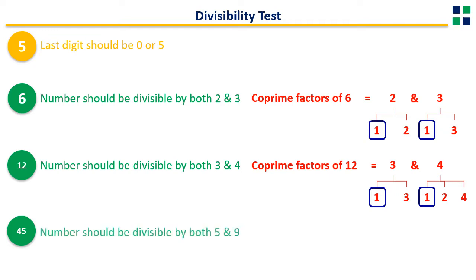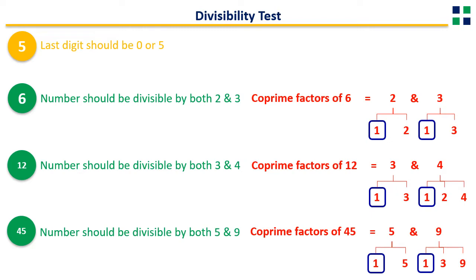Which are those? 5 and 9, because the factors of 5 are 1 and 5 and the factors of 9 are 1, 3 and 9. अब उनका highest common factor हो गया 1. So 5 and 9 becomes the co-prime factors of 45. So if a particular number is divisible by 5 as well as 9, we can confidently say that it is divisible by 45 as well.